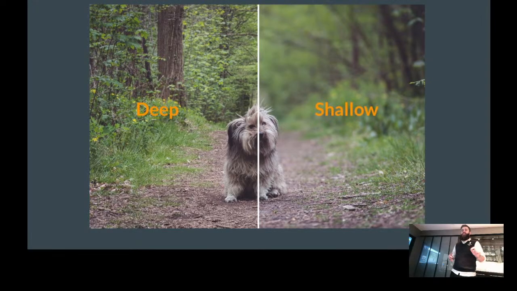But if you look closely at the dog, you can see the light. On the deep side, the dog is dark, and there's a lot of shadows and overcast. On the left-hand side, the dog has a lighter quality to it. The fur is a little bit easier to see. And this is, again, because of how we're now manipulating the light that's coming into the camera.